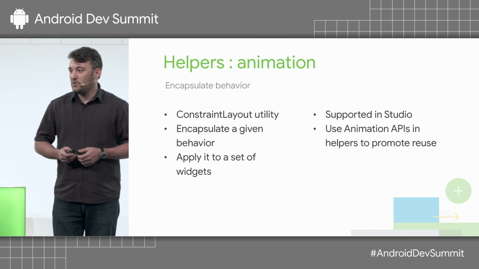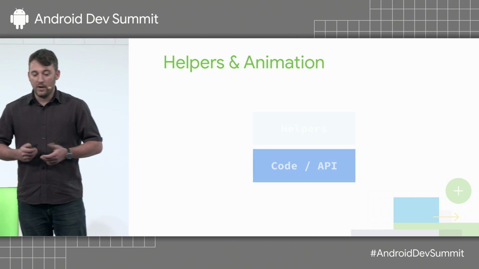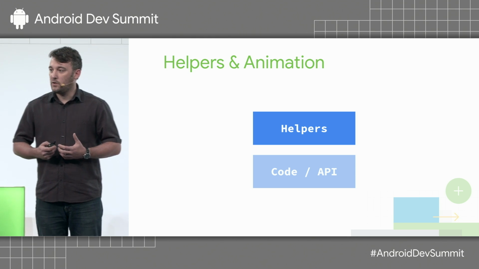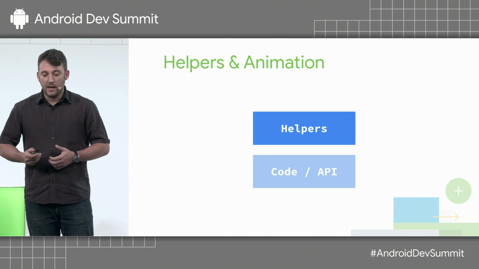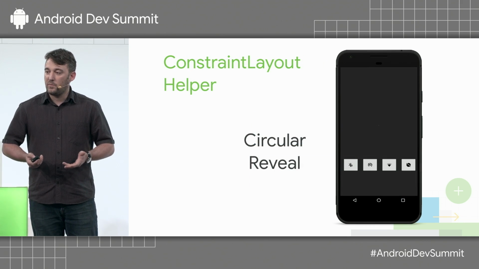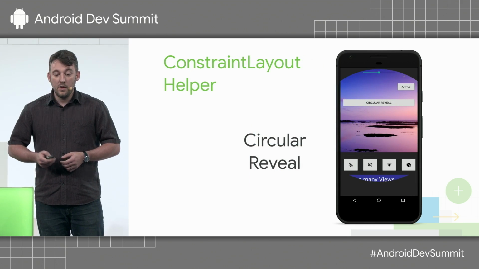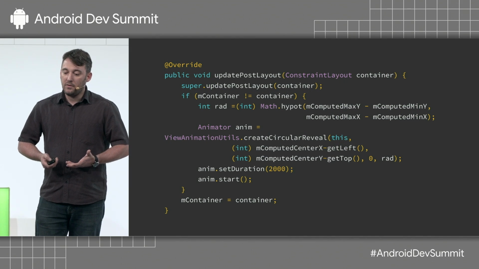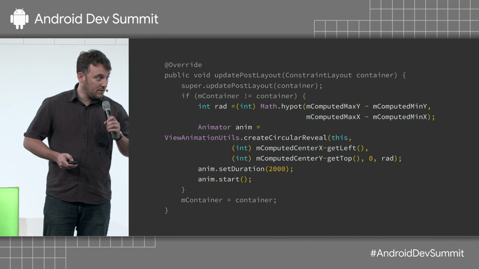In the case of animation, that's really nice because you get the code, you have your helper built on top of this code, and we get all the wealth of the Android animation APIs, and you can do stuff like that. So for example, circular reveal. Pretty well-known animation. The only thing I really needed to do here is to define this piece of code.